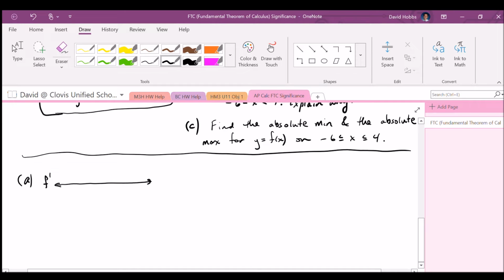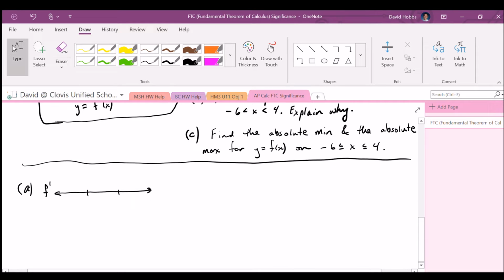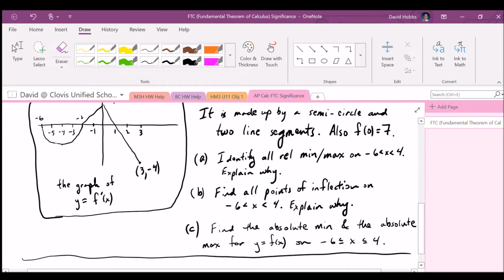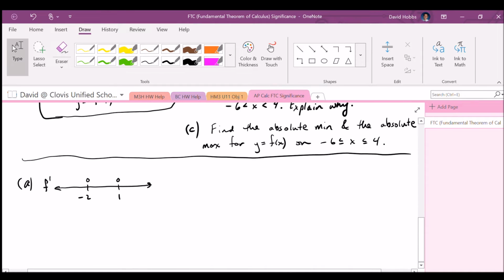It means nothing unless you actually label it. So we had two places where it was equal to 0, at -2 and 1. To the left of -2, the derivative was below the x-axis, so it's negative. Then it's above the x-axis between -2 and 1, and then it's below again. So below, f prime is negative, above, it's positive, and below, it's negative.